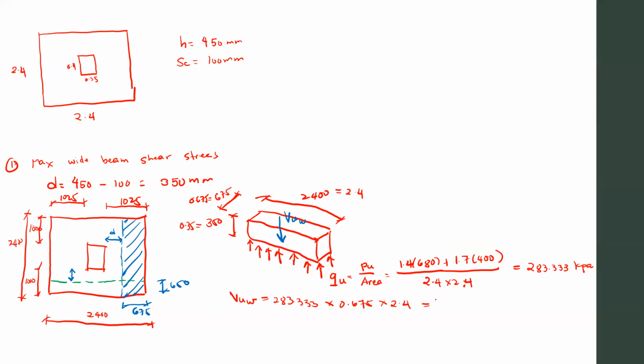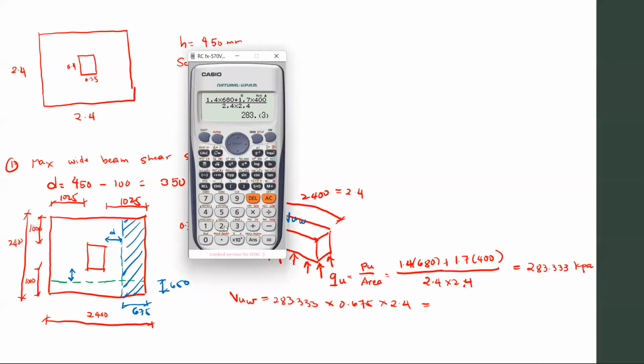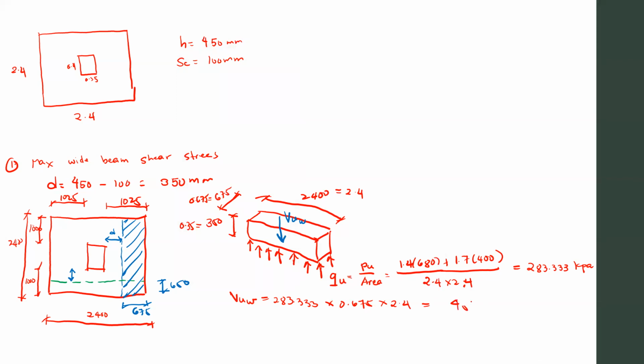Ano ba yung magko-contact dun sa soil? That is 0.675 by 2.4. Okay, therefore, this is 283.333 multiplied by 0.675 multiplied by 2.4. You get 458.999 kilonewton. Okay.